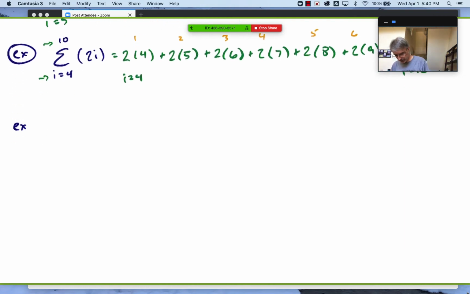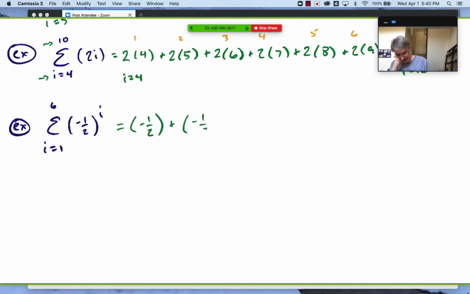Look at one more example where we're expanding a sigma. Let's say I equals 1 to 6, negative 1/2 to the I power. And so I start and I get negative 1/2 to the first, plus negative 1/2 to the second, plus negative 1/2 to the third, and so on.